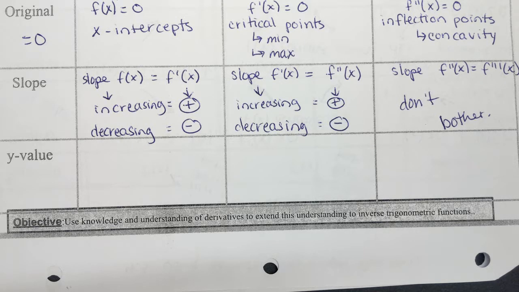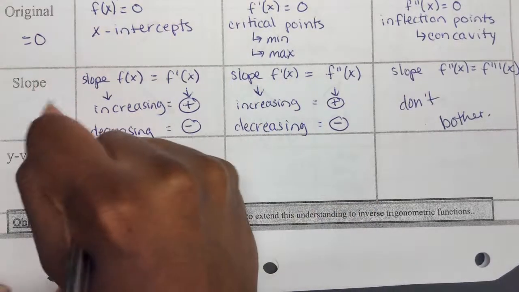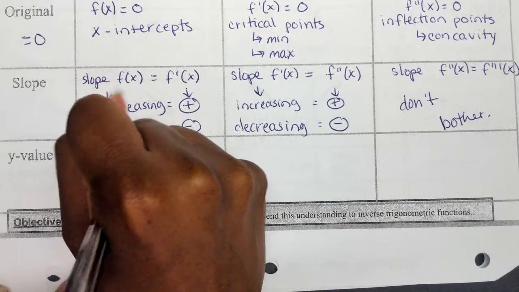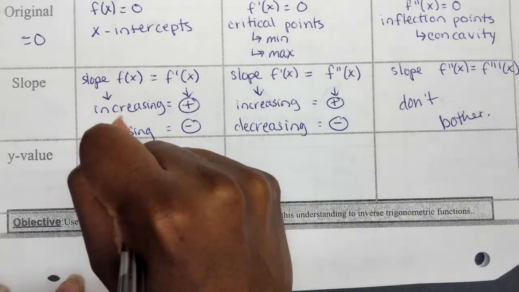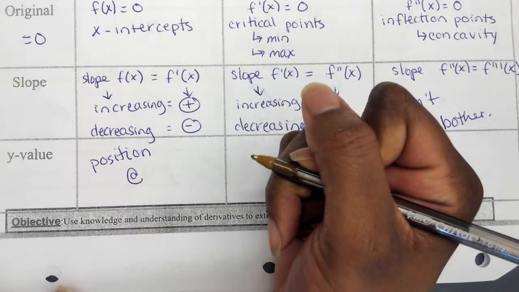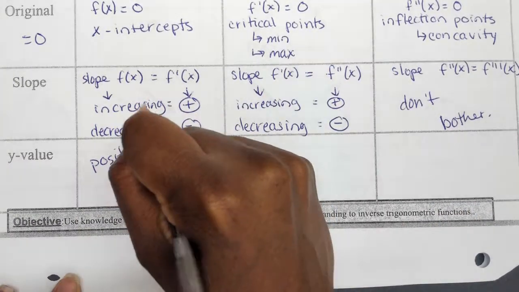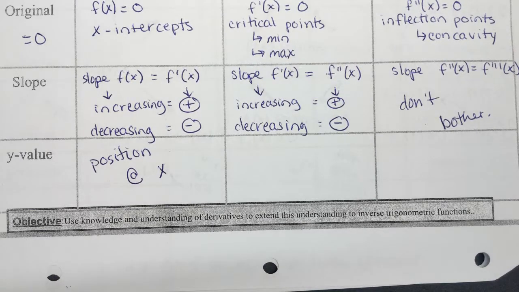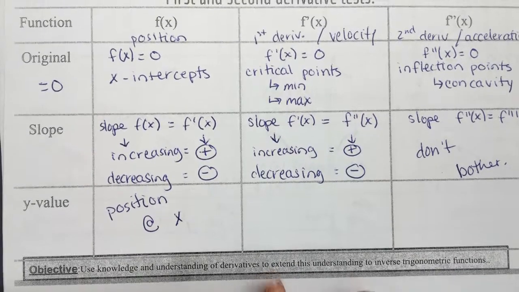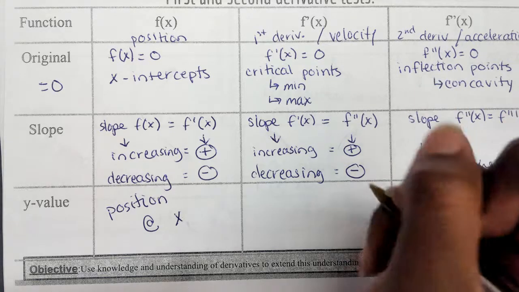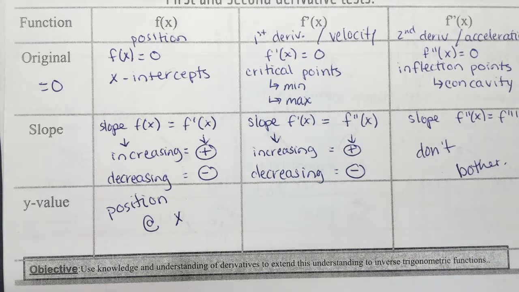Okay. So the y value in f of x is the position at x. Right? So the y value of a function is the position at the value x. The y value in the derivative tells you if you're increasing or decreasing, right?